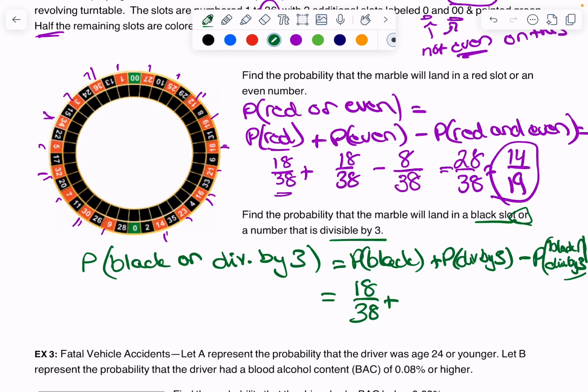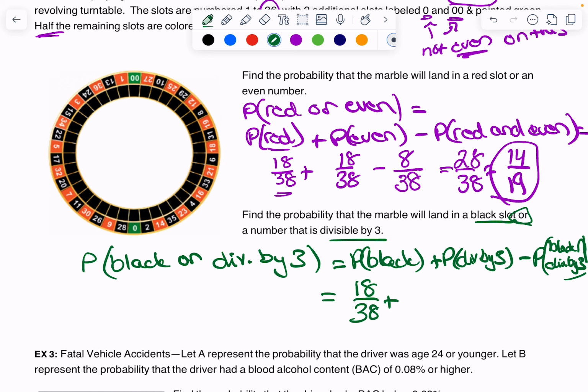Divisible by 3, we need to figure out what numbers are divisible by 3. Let me take these marks off. Here we go.